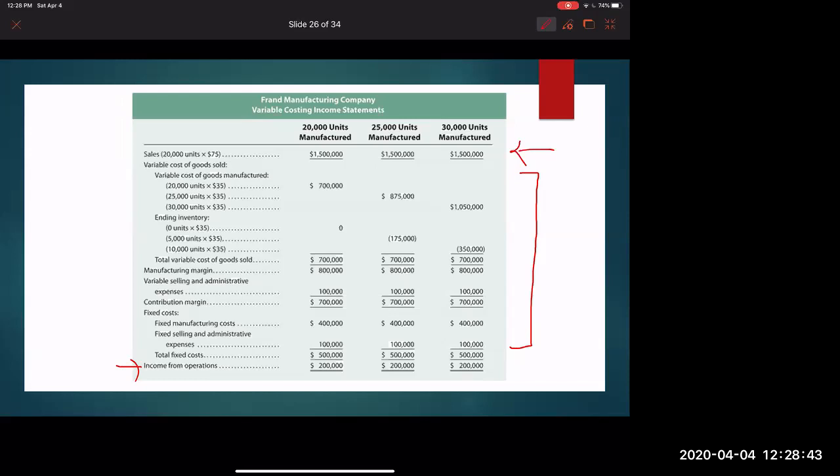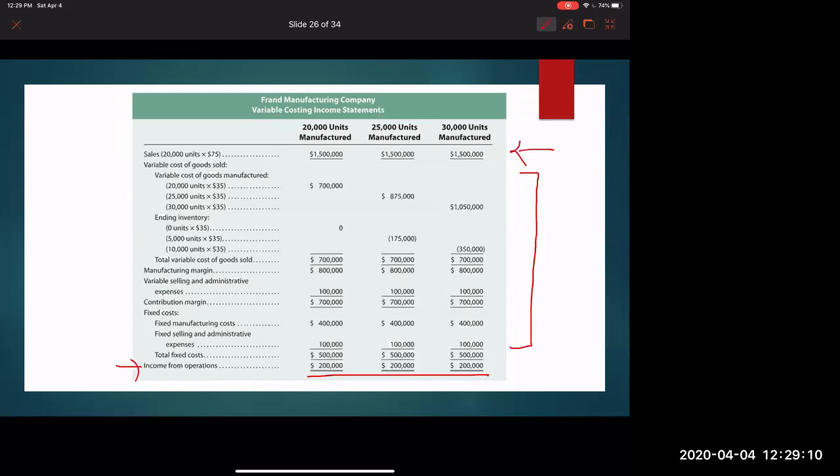Now, this is why this method is preferred over the absorption costing method internally: it does not matter how many units or finished goods you produce, your income from operation is not swayed. It is not misinterpreted. No matter what, your income from operation is only a reflection of how much you sell and not how much you produce.